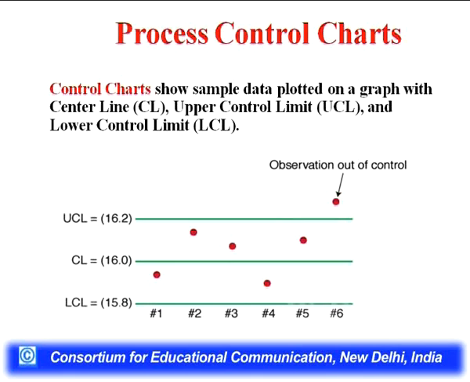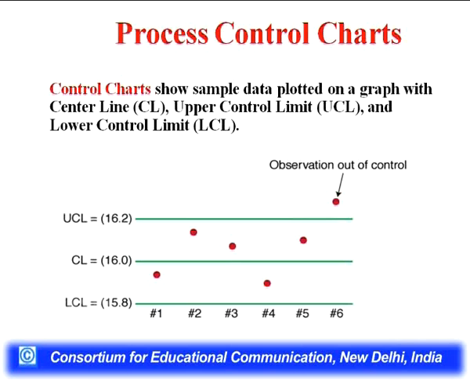A rod is being manufactured, and the diameter we are looking for is 16 millimeter, and this is center line, and it is acceptable in the range of 15.8 to 16.2, means 16 plus minus 0.2 millimeter is the specification. So, lower limit on the diameter is 15.8, and the upper limit on the diameter is 16.2. Within this range, the rods will be accepted, and out of this range, the rods will be rejected.